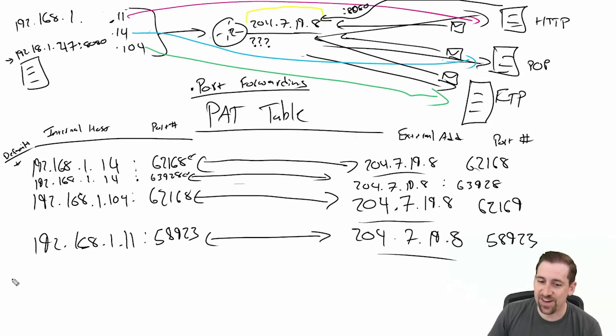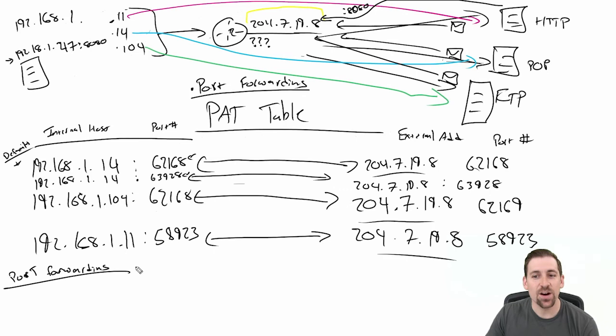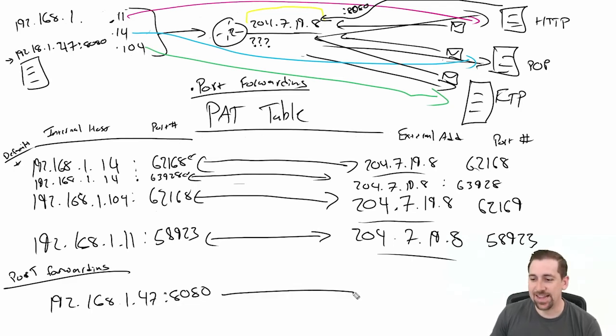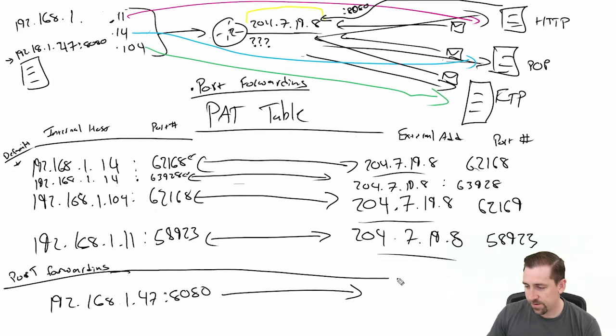And so what I do is if I add a port forwarding configuration, and it's different for every GUI, right, for every graphical user interface and network operating system, but if I add a port forwarding entry, what it's actually doing is it's adding an entry to this address translation table. So 192.168.1.47:8080 is now mapped manually via port forwarding.